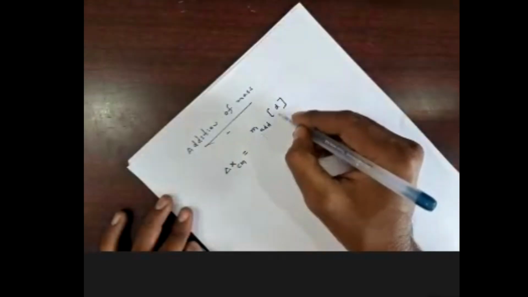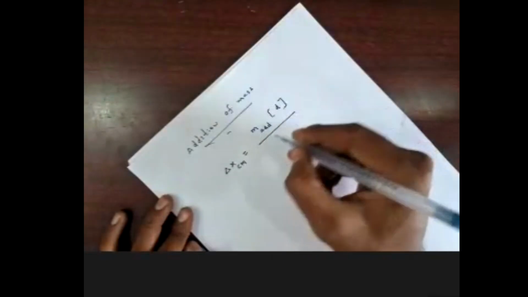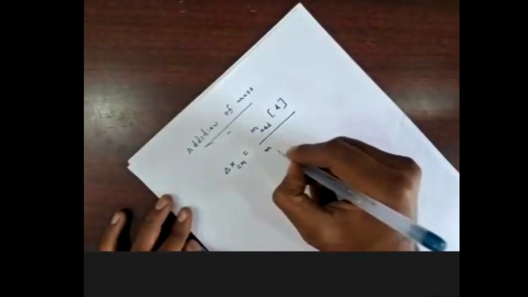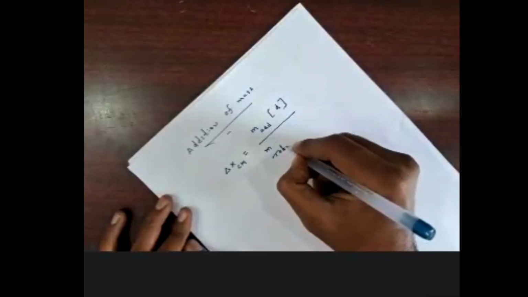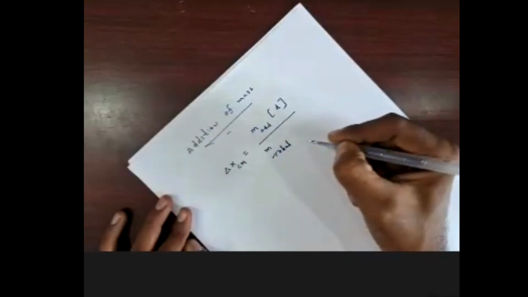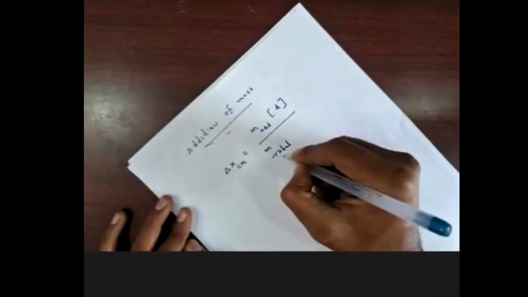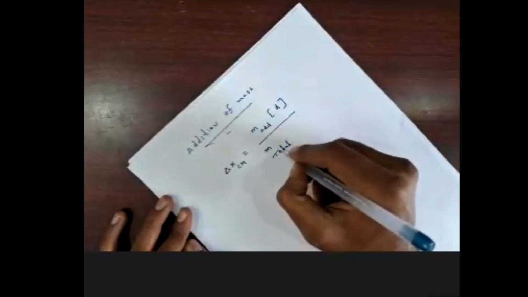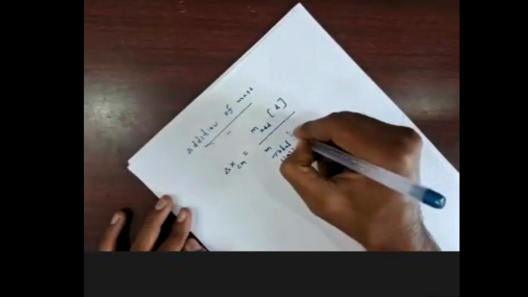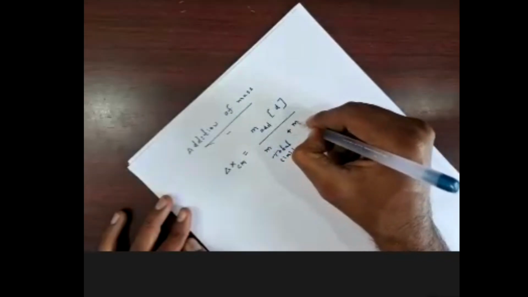M add into d, small d, by m total mass. Here we consider m initial mass plus m added mass. This is the formula for the shift in the center of mass.